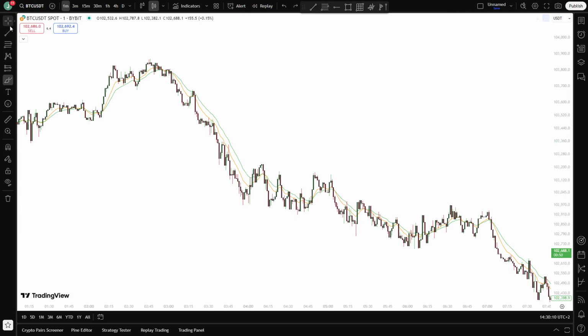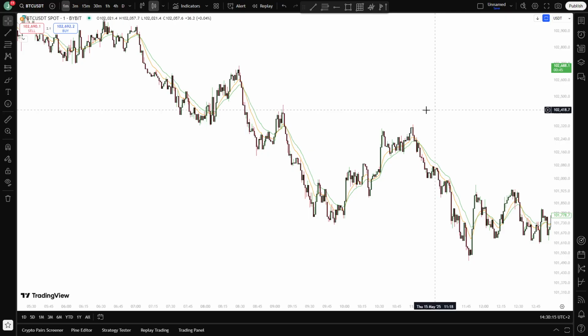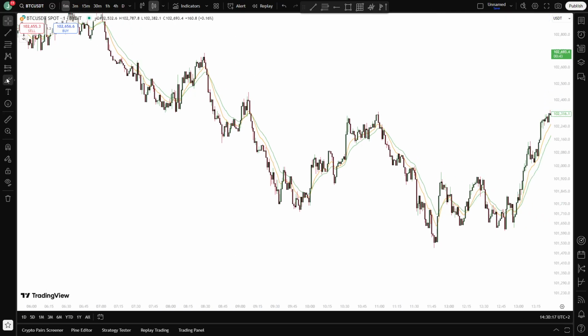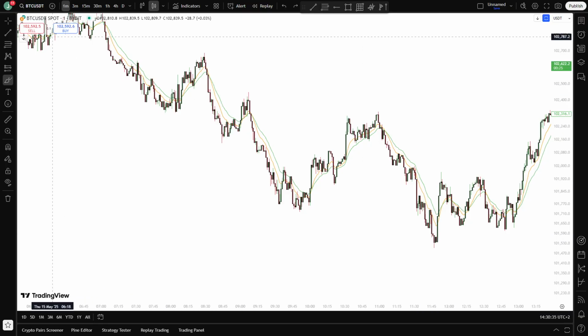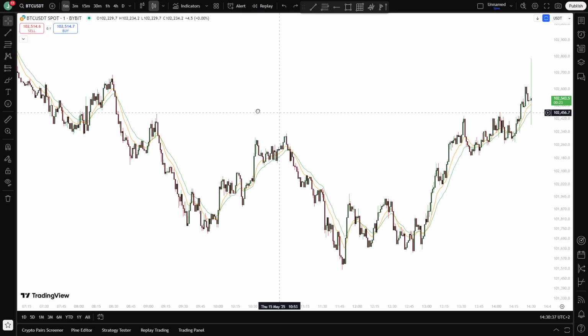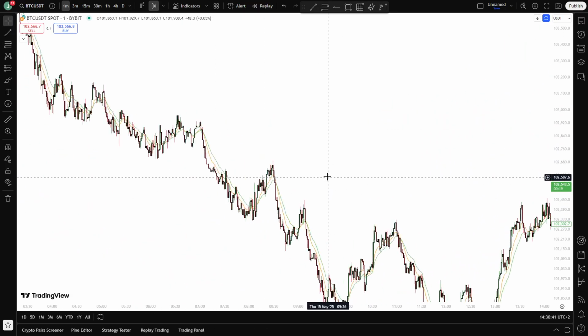The only exception for me in a downtrend to go long is when a really big dump happens in a local downtrend. So let's say this. It's quite decently sized. This would allow me to open one long. But the thing with opening a long against the trend, you don't want to hold it for a while.